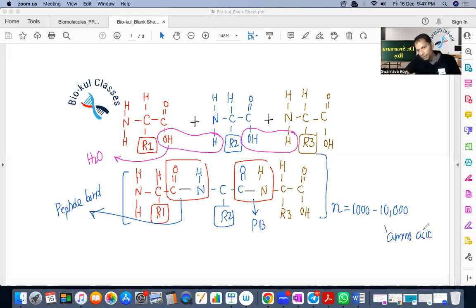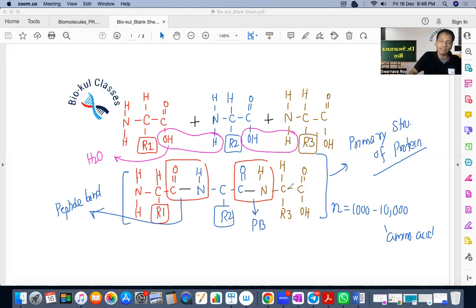And this is called the primary structure of protein. So when I say primary structure of protein, this is the amino acids joined to one another to form a long chain polymer, which is called the polypeptide, because each of these are peptide bonds.